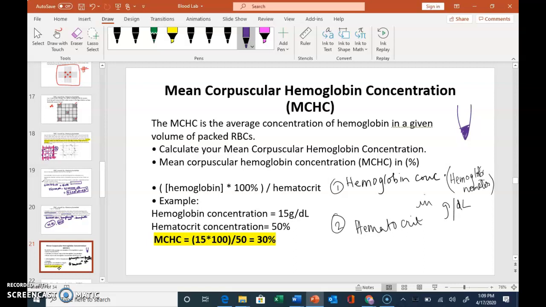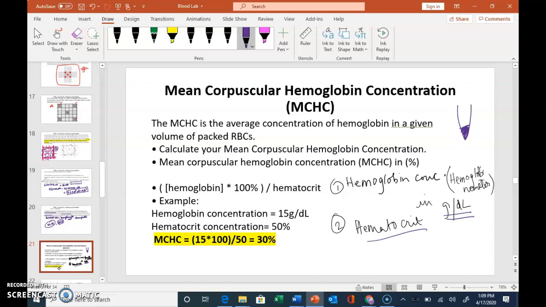For this, first you need to know two things: the hemoglobin concentration from the hemoglobinometer, which is in grams per deciliter, and also your hematocrit value.